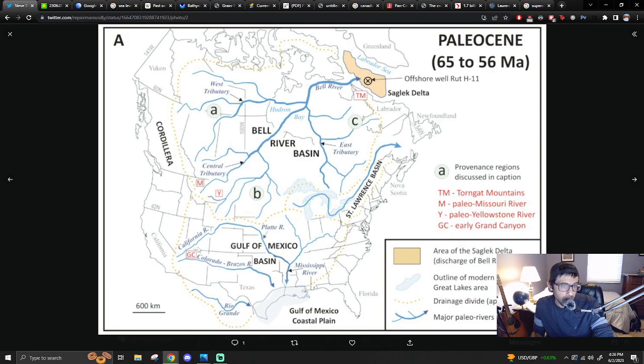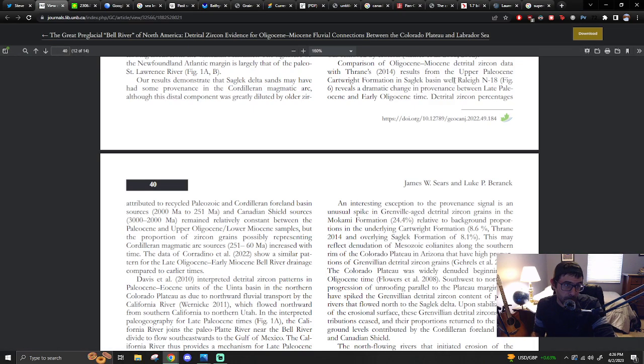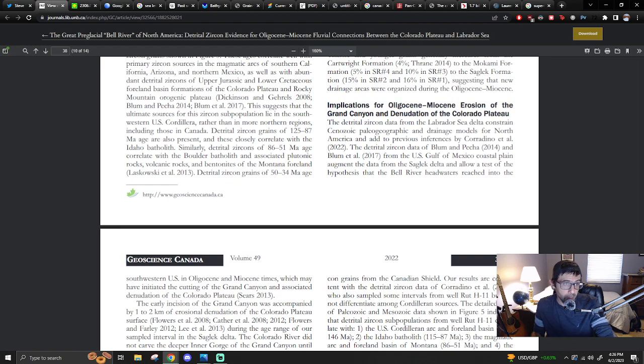This region has grains, like there's evidence of grains from over here flowing to here. And notice the time frame that the maps start at. Like if we open this, they don't have a map for like building into 65 million.